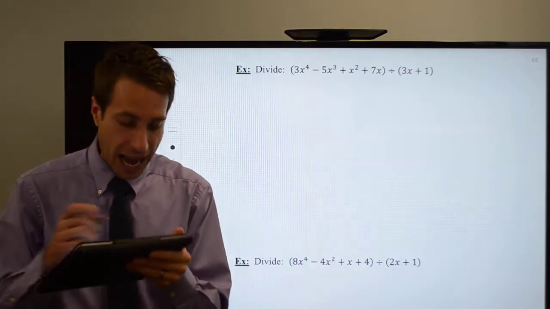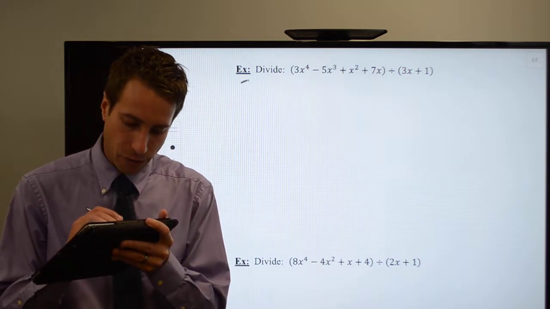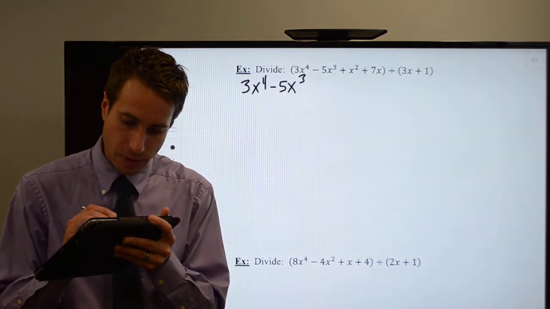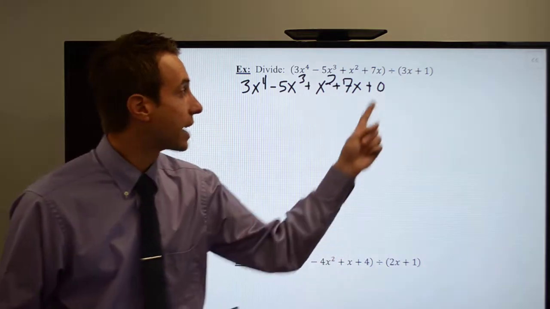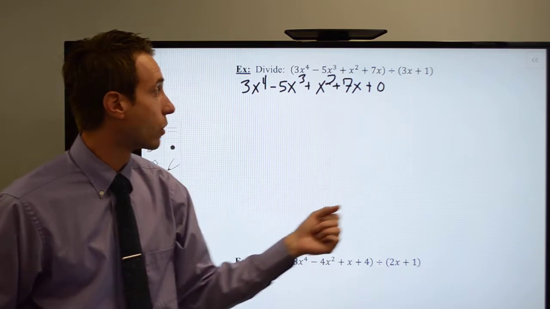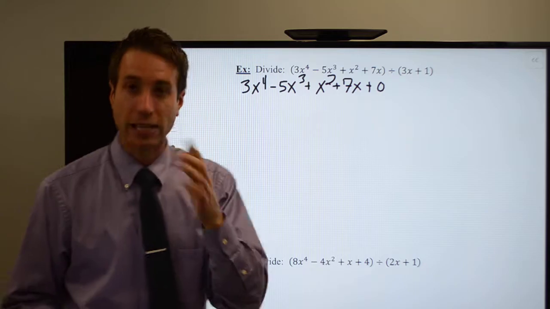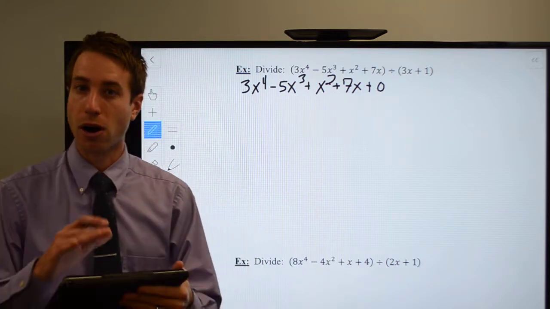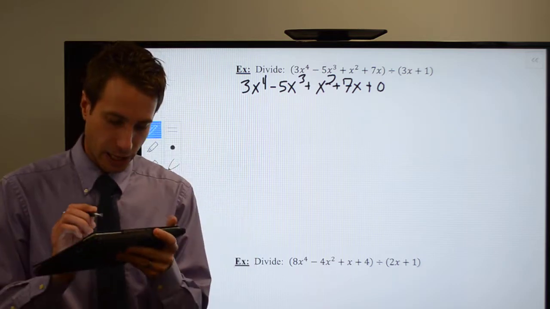So I am going to have to add a 0 to this one, where I have 3x to the 4th minus 5x cubed plus x squared plus 7x plus 0, where that's going to be my constant term, representing x to the 0 power. So 4, 3, 2, 1, x to the 0. Okay, so now that I've got that, we're all set to set up our algebraic division and just see how this guy shakes out.